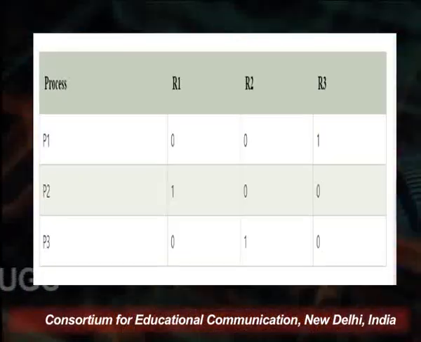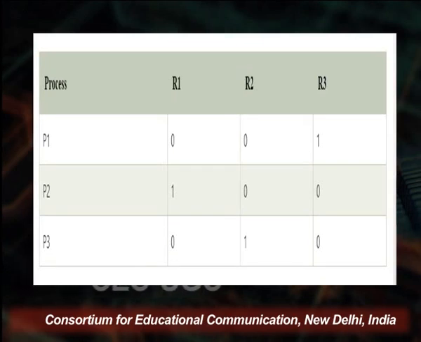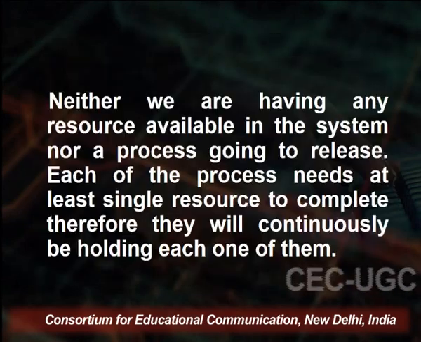How? Let us see. In the allocation matrix, we have seen that the process P1 has already taken the resource R3 and is waiting for the resource R1, which is shown with the help of this request matrix. Similarly, process P2 has requested R2 and has already taken R1, while P3 has taken R2 and has requested R3. The availability of the system is 0.